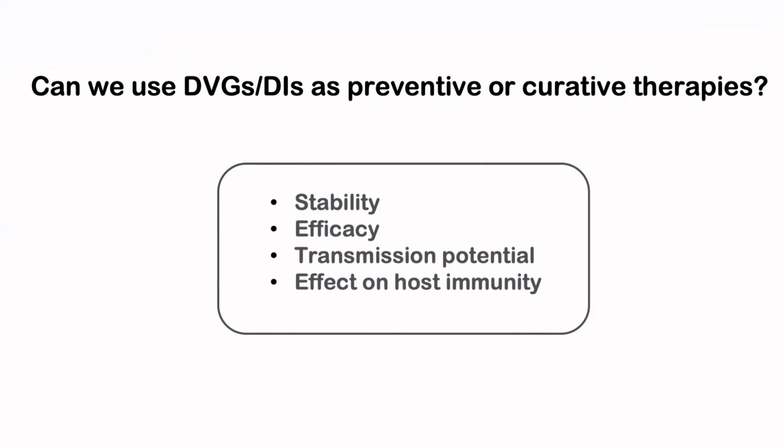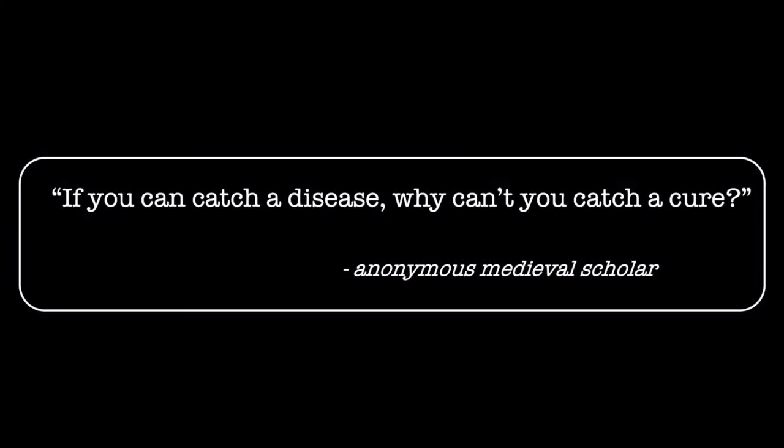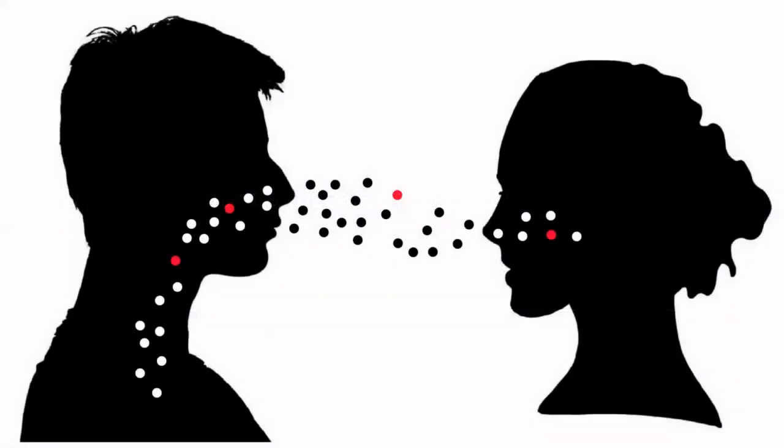And ideally, you would want a therapy that would be transmissible. If you can catch a disease, why can't you catch a cure? That would be a case where the DIs that are transmitted would be like a transmitted cure in a population. That's where I know Dimmock and others would like to go: to be able to transmit these DIs and see whether they're protective.